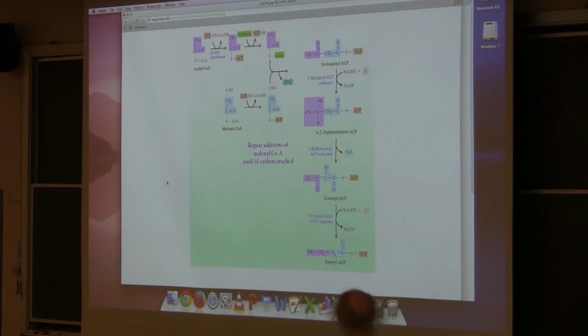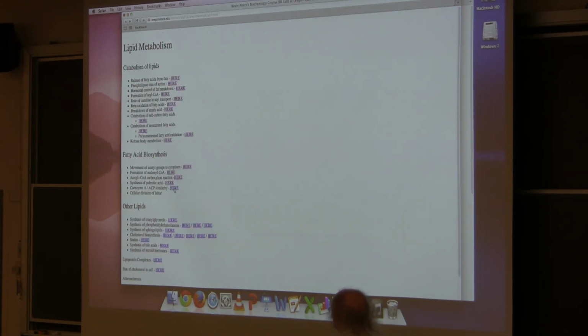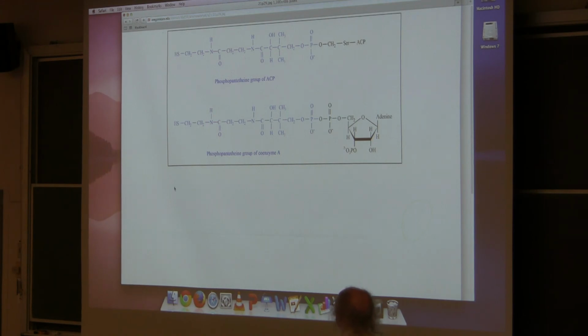Okay. That process is occurring in the cytoplasm. This shows you something interesting. I told you that in fatty acid synthesis, we had an acyl carrier protein, ACP, in place of CoA. If we look at the ends of those, we see that they are virtually identical.